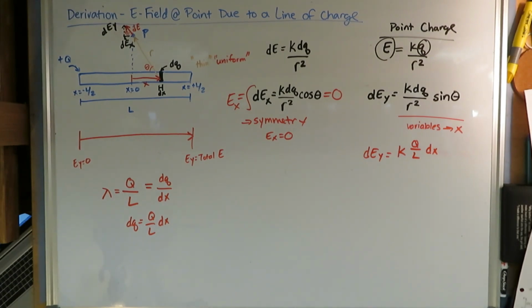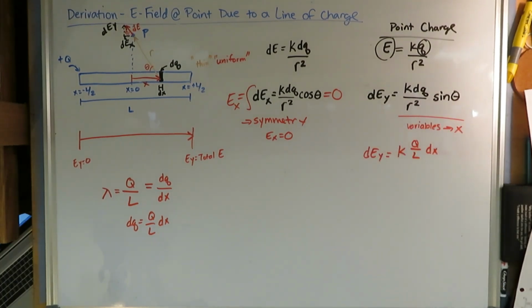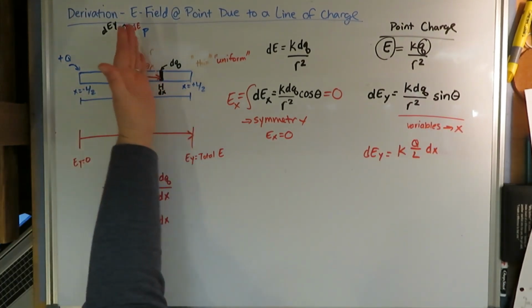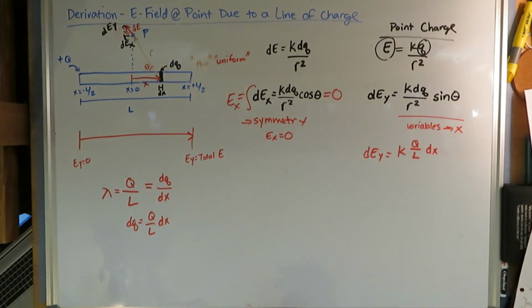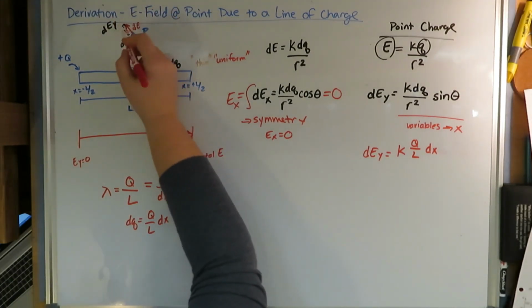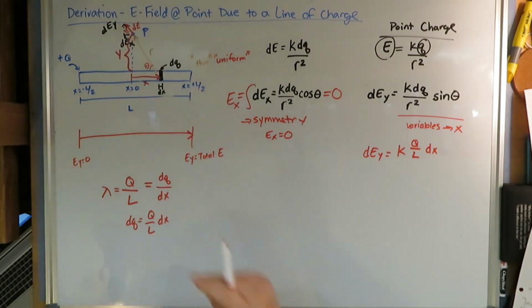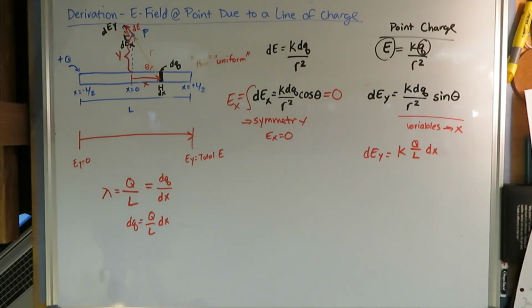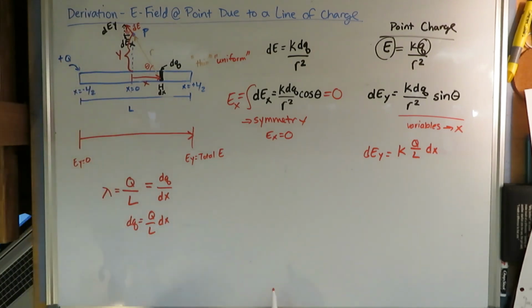We also need to take a look at sine theta. Theta is not going to be an allowed variable, and theta is not a constant because my angle is going to change depending on which slice I pick. If I look here, one thing they would have told me is the location of P. So I'm going to define P as being at a vertical position y, and I'm going to define this y as a constant.